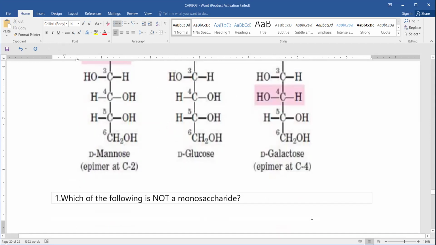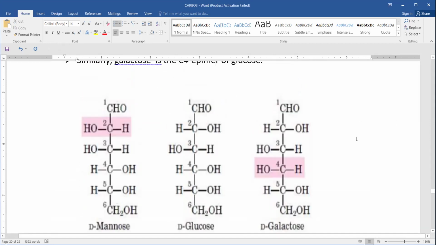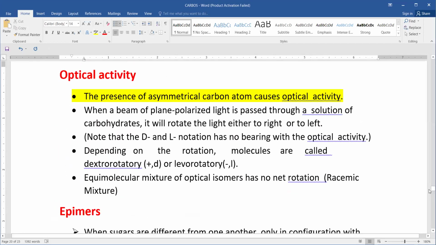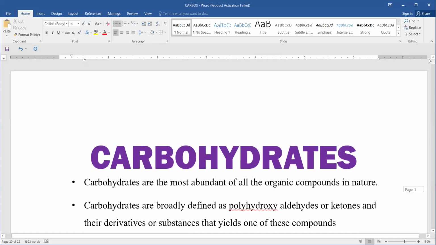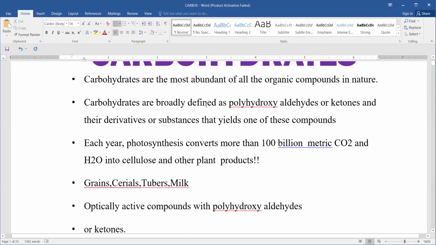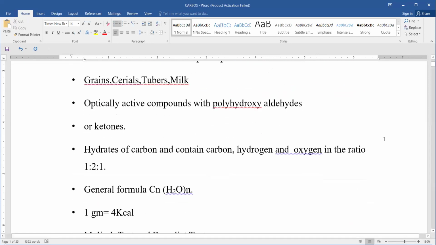Okay, so that's it. So these are the carbohydrates. So what are some important points regarding the carbohydrates? I'll stress them. Carbohydrates are polyhydroxyaldehydes or ketones. That is important. Their main sources are these three only: grains, cereals, and tubers.